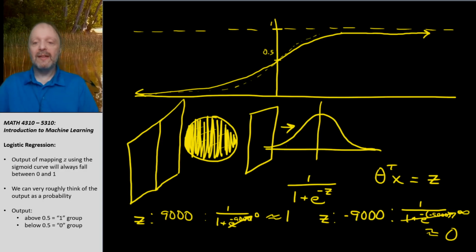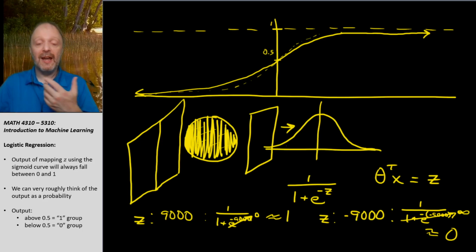Alright, so when we're talking about this, we have this 0.5 as kind of like the center point, right? This is kind of the point at which it transitions to either group 1 or group 0.